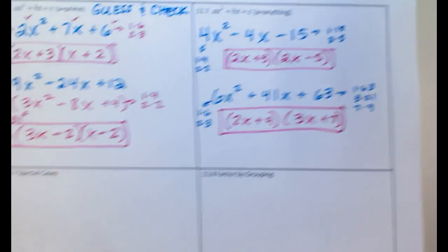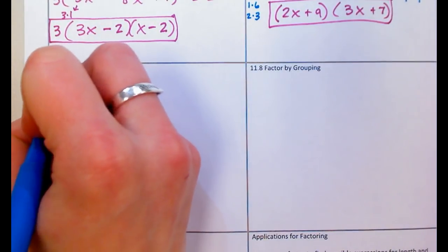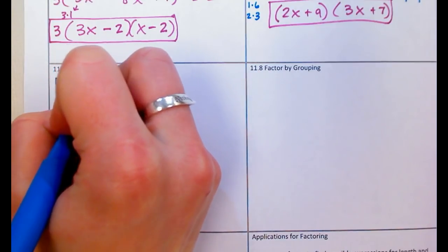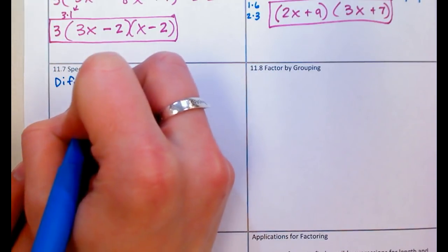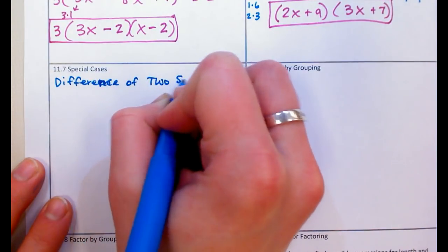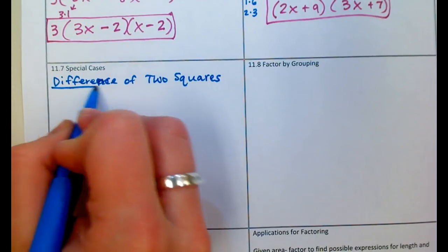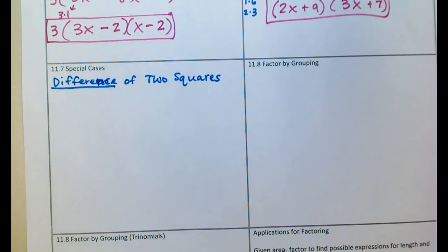Our third video for 11.7 was our special cases. The first one we practiced was difference of two squares. Now don't forget this word difference. There does have to be a subtraction sign in order to factor these out.